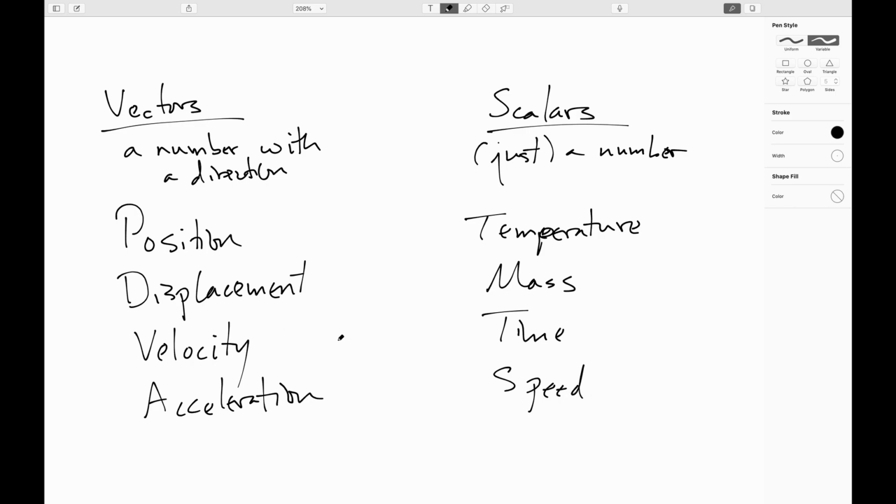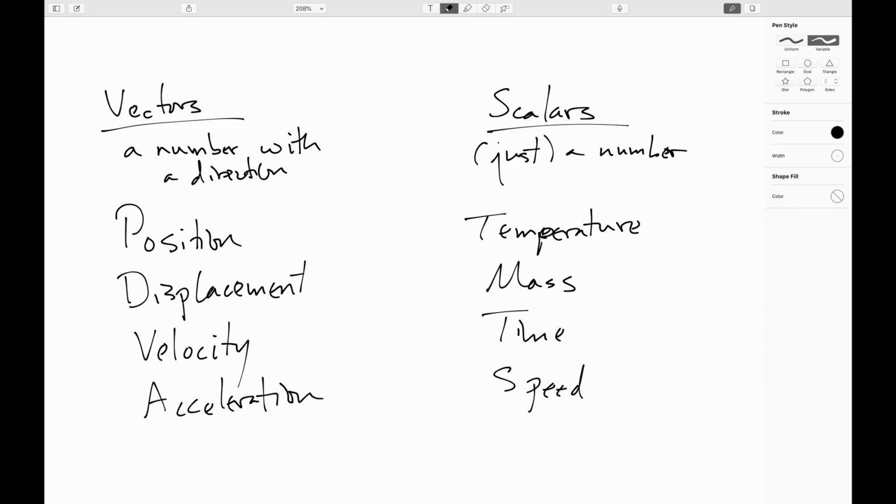So speed and velocity, even though they're synonyms in English, to a physicist there is a technical difference between them. Speed is just literally how fast you're going without regard for direction. Velocity is a speed with a direction. So 70 miles an hour is a speed, 70 miles an hour east is a velocity.